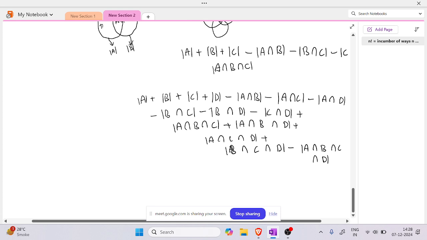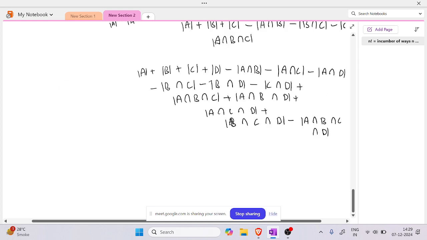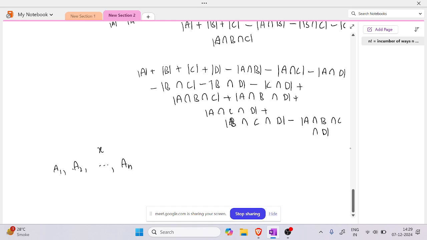So let us consider an element x which appears in at least one of these sets. Let's say our sets are A1, A2, up to An. And let's say there is an element x which appears in the sets Ai1, Ai2, and so on until Aik, where k is greater than or equal to 1.